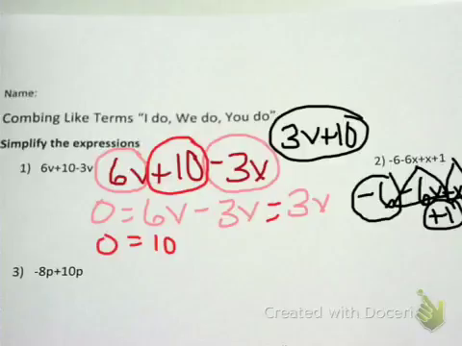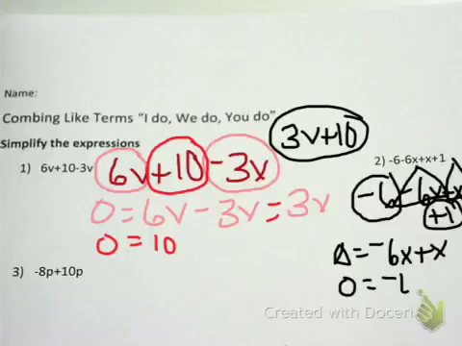So when I look at it, my triangle is negative 6x plus x, and then my circle is negative 6 plus 1. Now remember, if there's no coefficient, technically there is a 1 there, so I'm going to go ahead and put that 1.